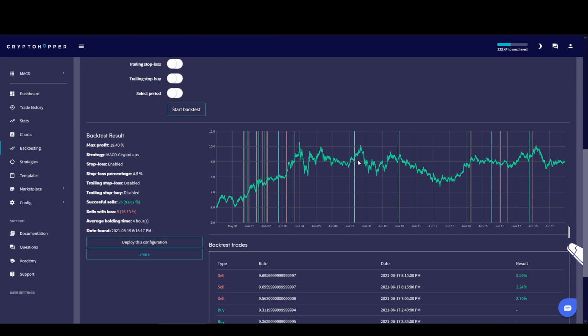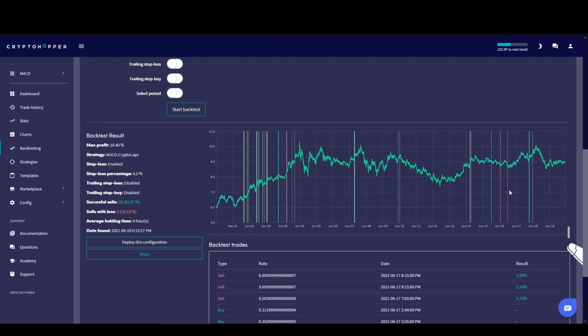So it gets in and gets out right away. And then not long after, the market starts to go down again. So no buy, no transaction, we're just waiting. And then we have another successful trade here, another successful trade here, and that was probably a loss. And we have a successful trade here.